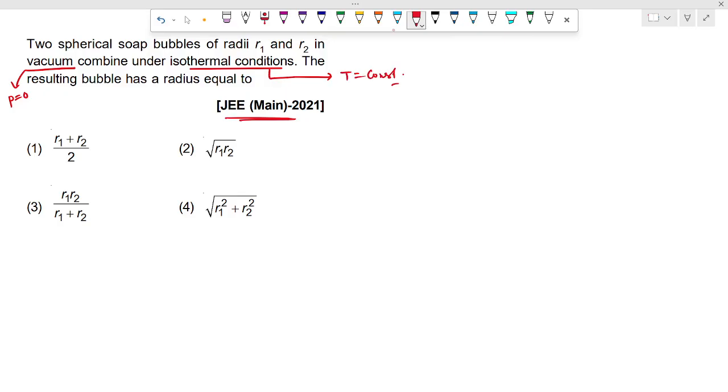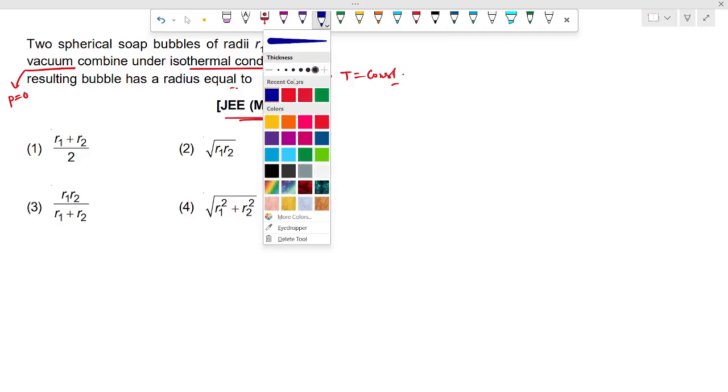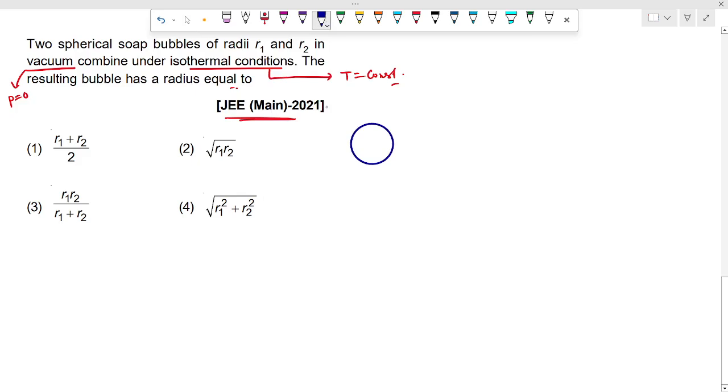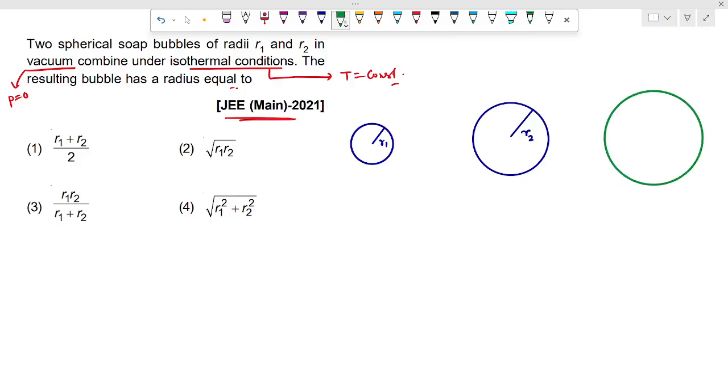The resulting bubble has a radius equal to what? So basically we have two bubbles, one of radius R1, another of radius R2. They combine isothermally. What will be the radius of the resulting bubble?